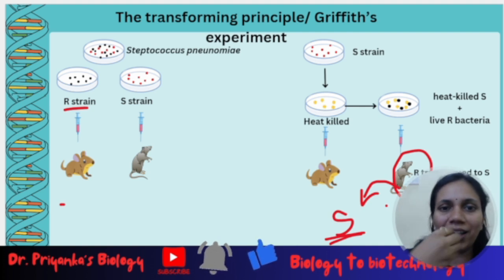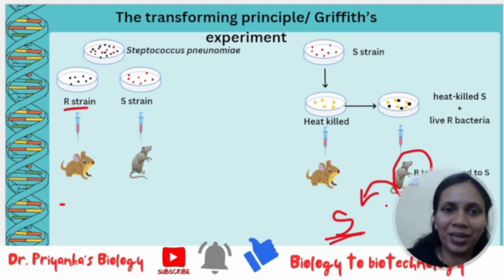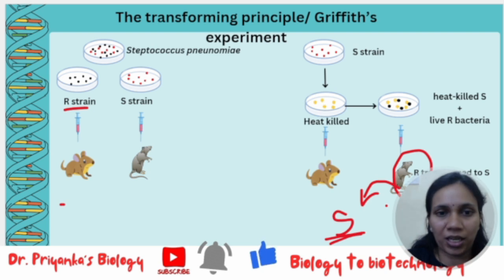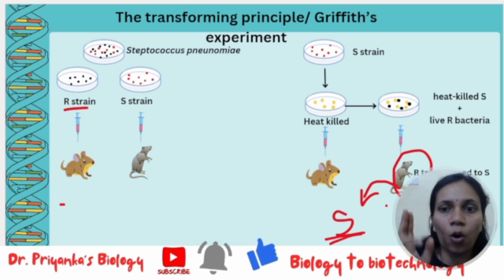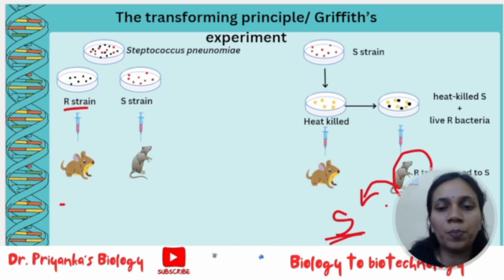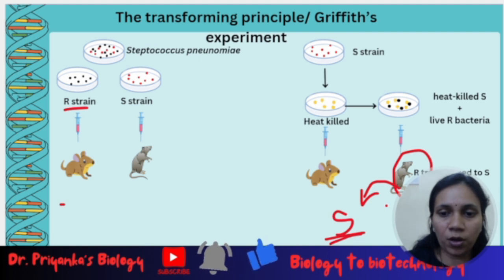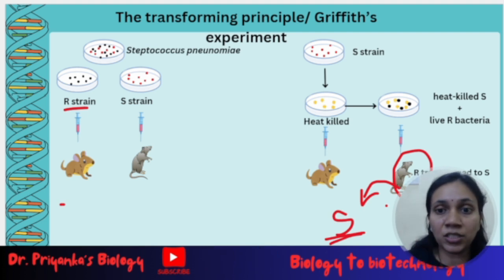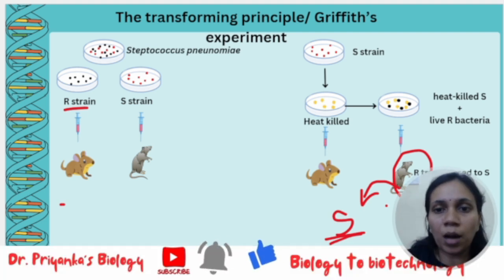Something of that sort must have happened and that changed the nature of this R strain bacteria. So he called it the transforming principle, because transform is to change. He said there could be something, because this R strain was not harmful.